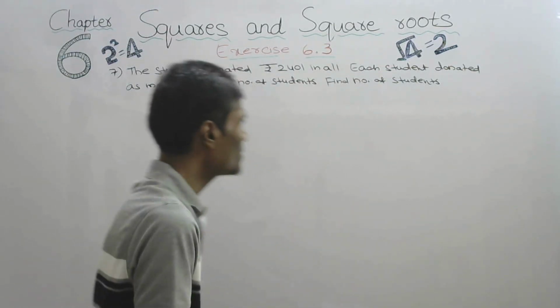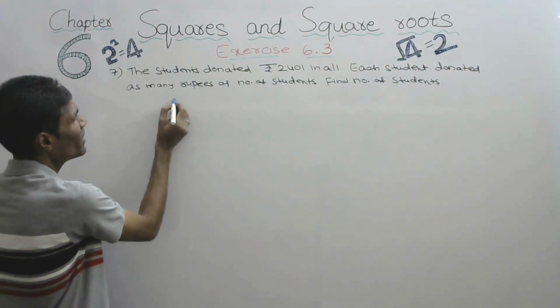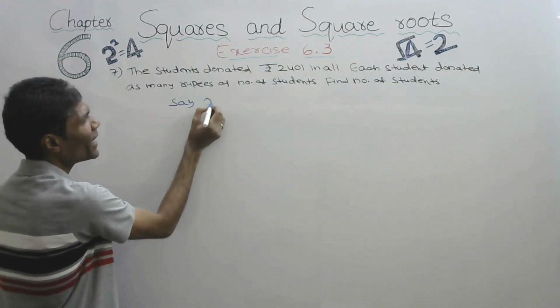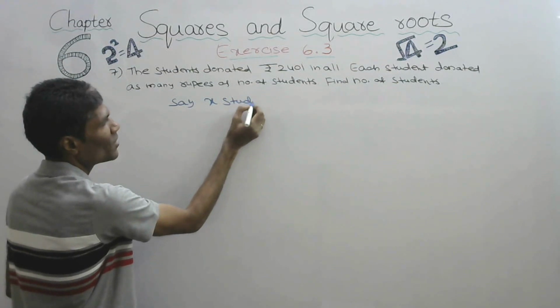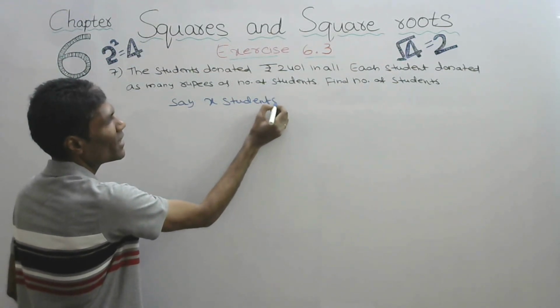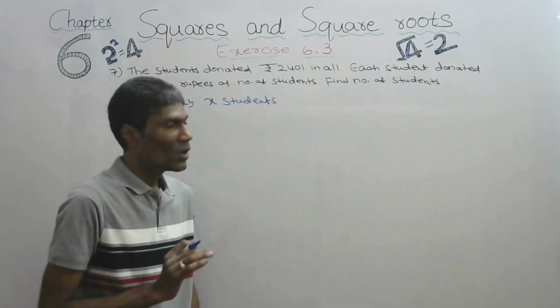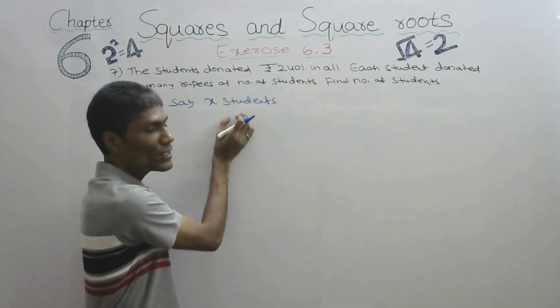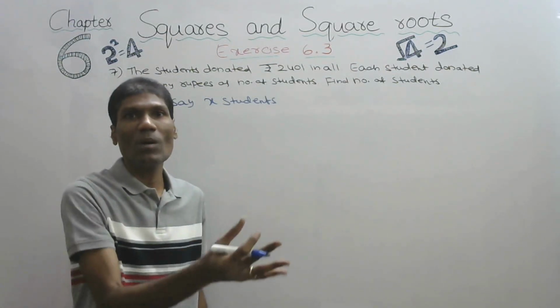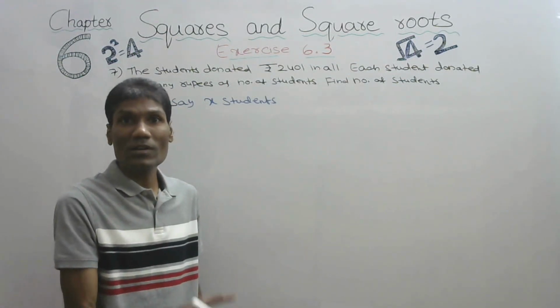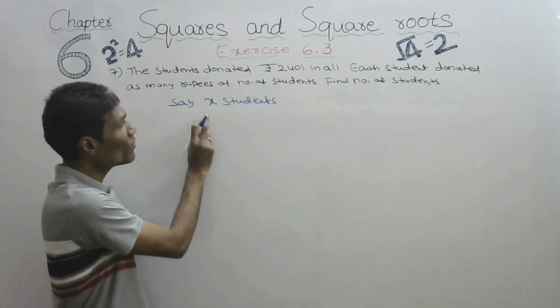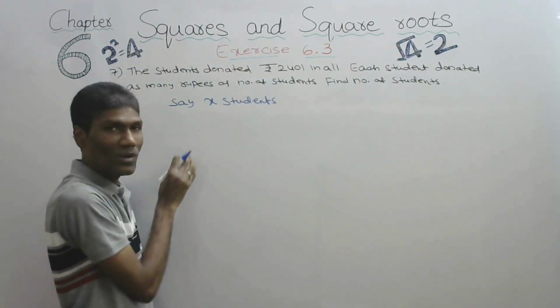Let us understand. Say X students are there. Now he says each one has given some amount. That amount is equal to the number of students, that is X only.